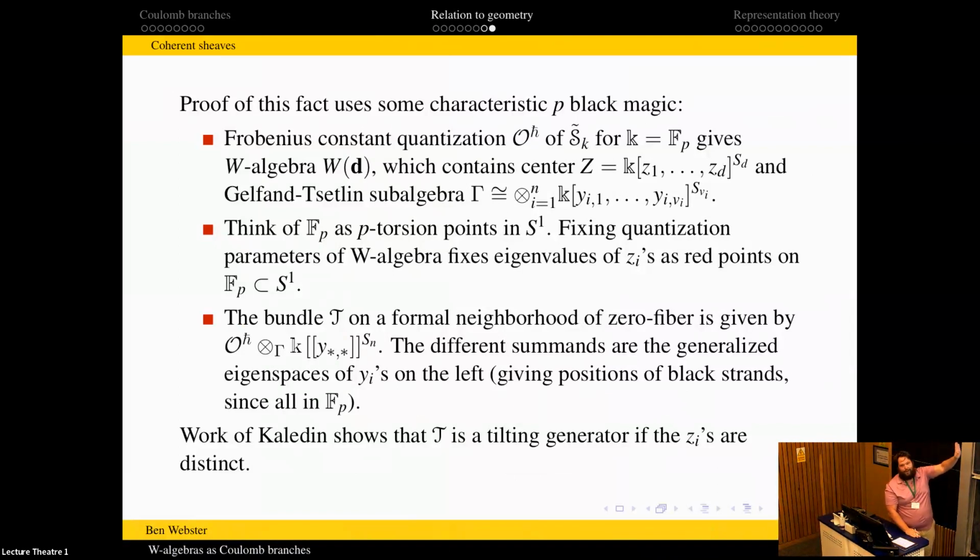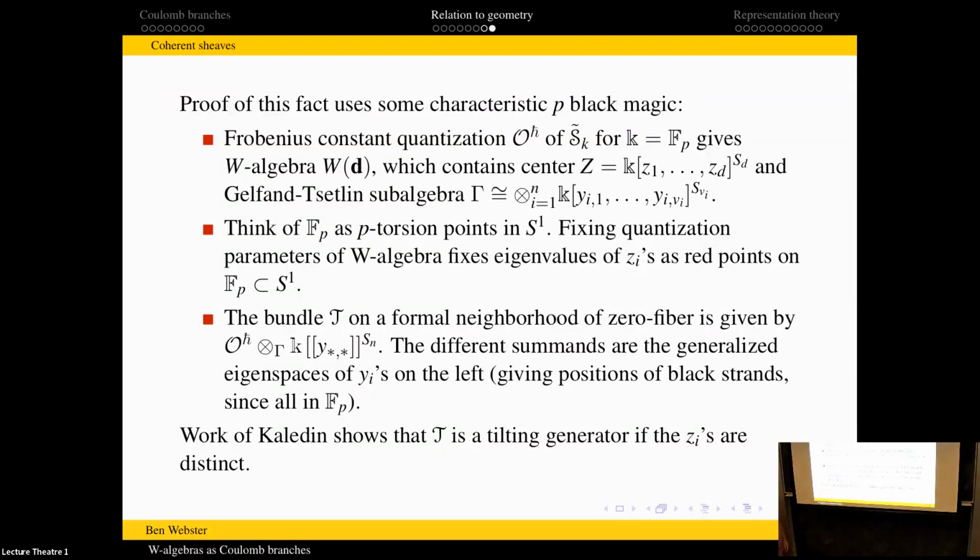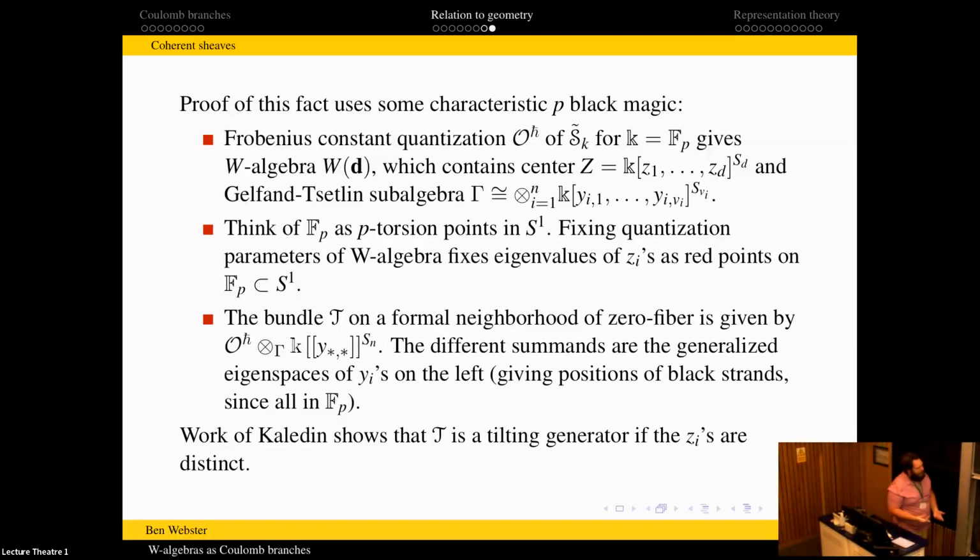This is the tilting generator that comes out of the construction that Yvonne was talking about. I think in characteristic p, I do a Frobenius constant quantization of the resolved Slodowy slice. So I get this non-commutative guy whose sections are the W algebra with a big center. I sheafify over the big center, and I get an Azumaya algebra.